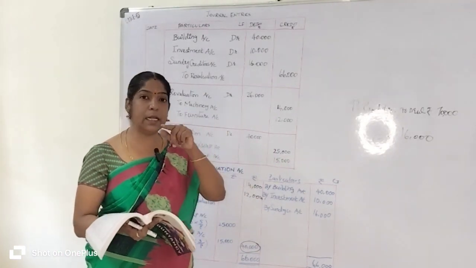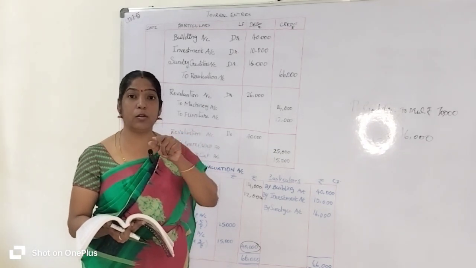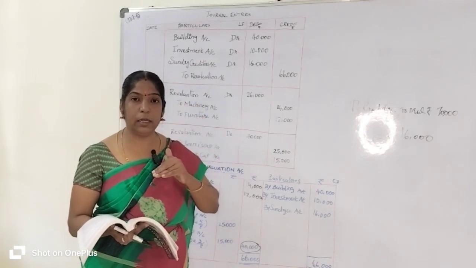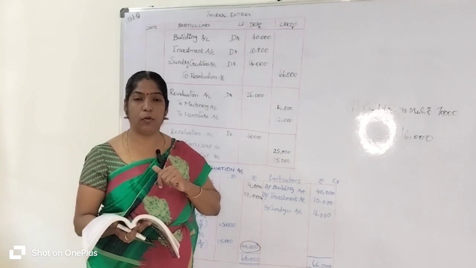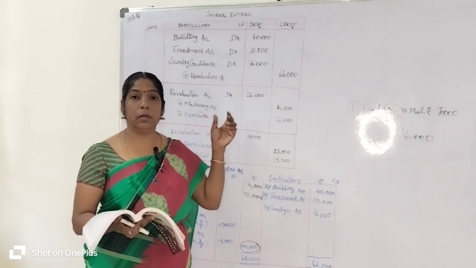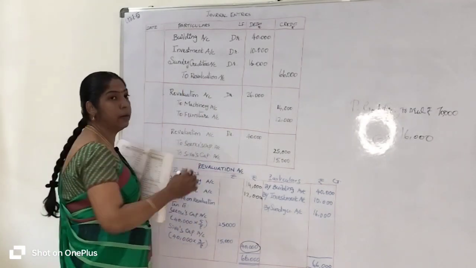So listen carefully. Sundry creditors belongs to which account? Sundry creditors belongs to liability account, right? So if the liability account decreases, what is the journal entry? What is the format? If the liability account decreases, revaluation account is to be credited.